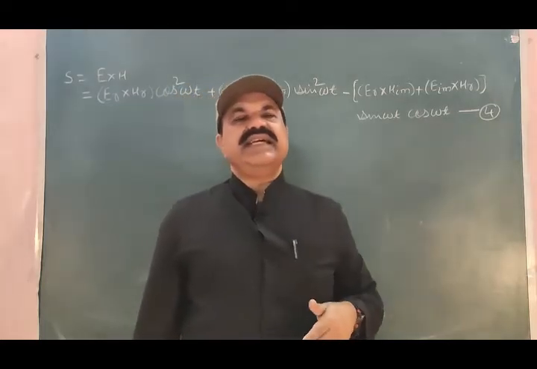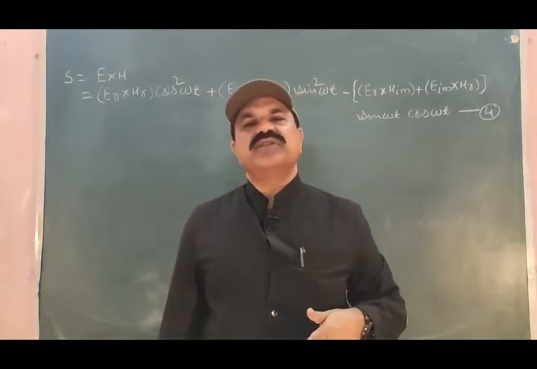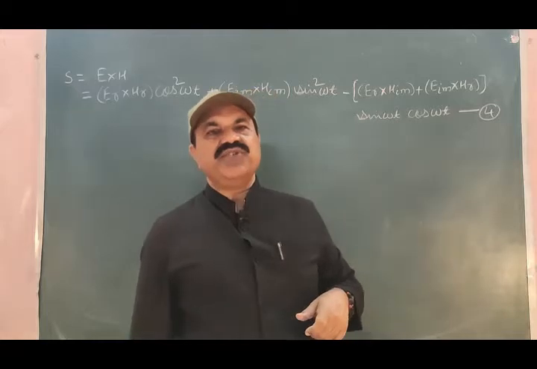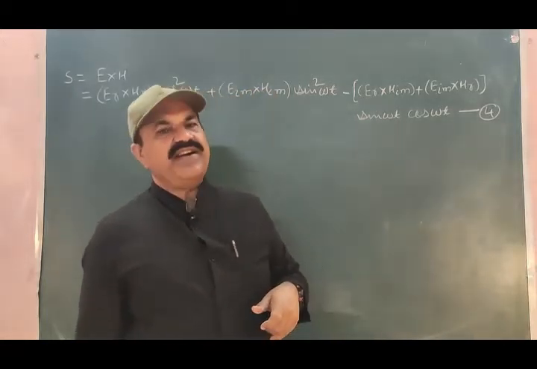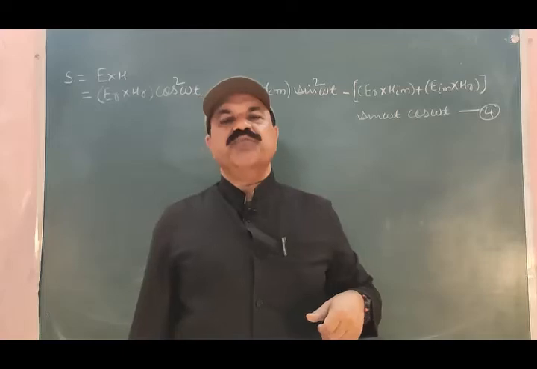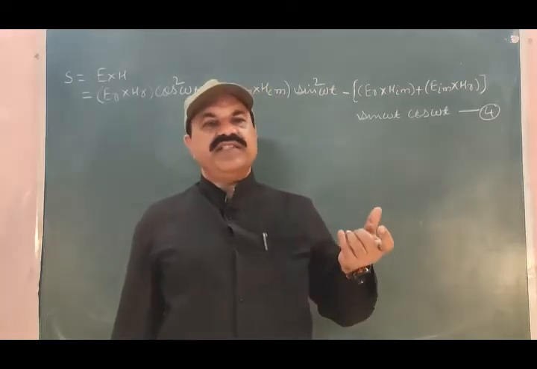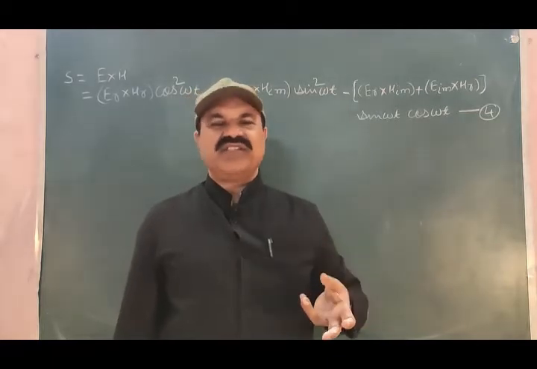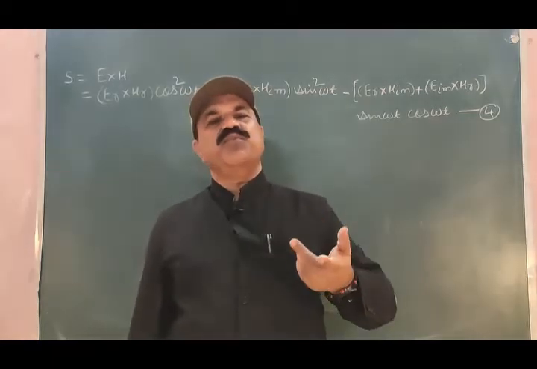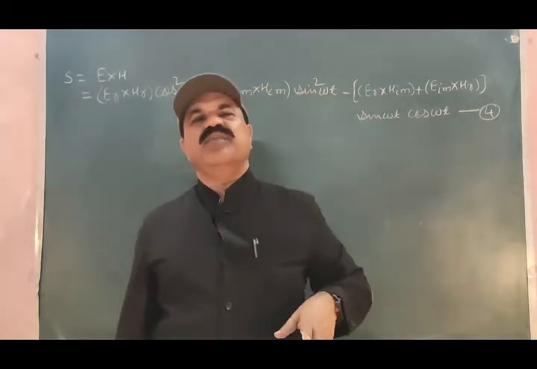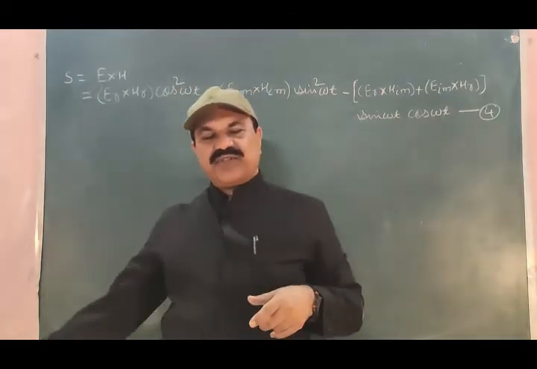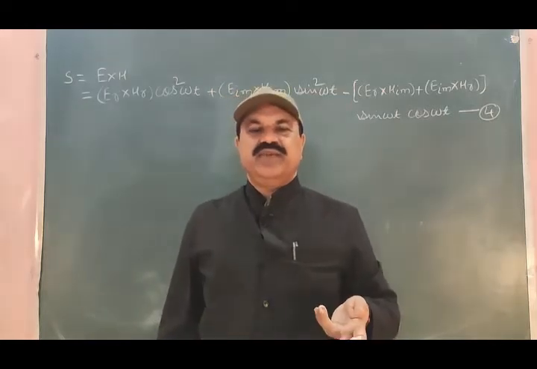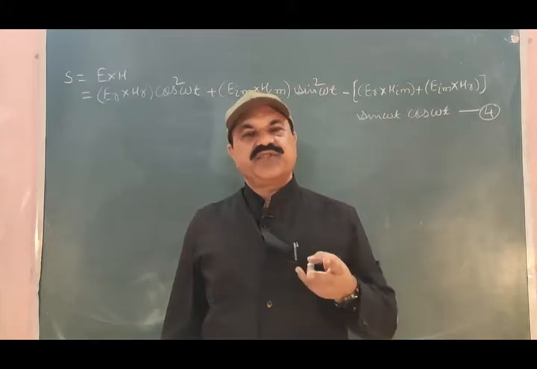This may be represented as the real part of a cross product of two terms. E is equal to E0 e to the power i omega t, and H is equal to H0 into e to the power i omega t. Each is a complex term, and the cross product of E and H should be real. So we utilized these two expressions.